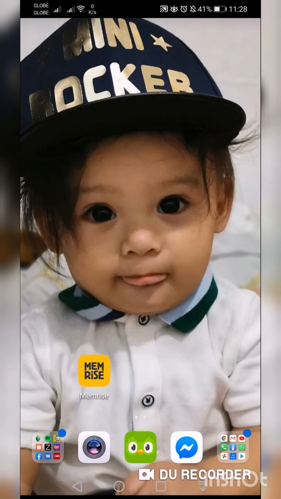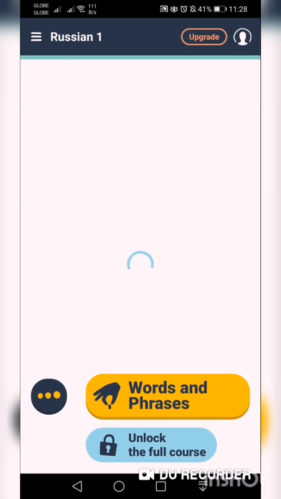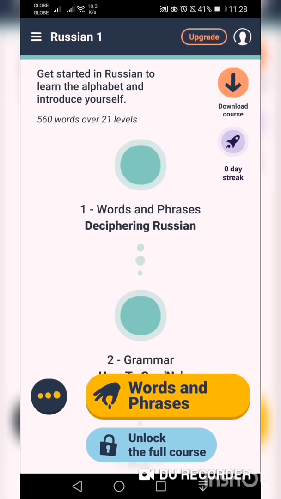All right, so let's start off with Memrise. As you can see, it's Russian 1, and it's just the same way our Spanish series was created with Memrise.